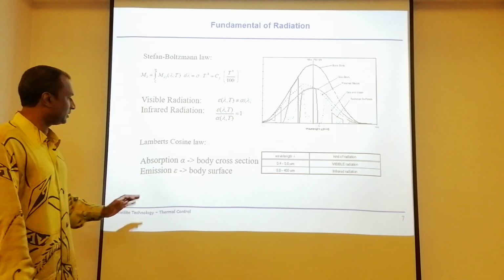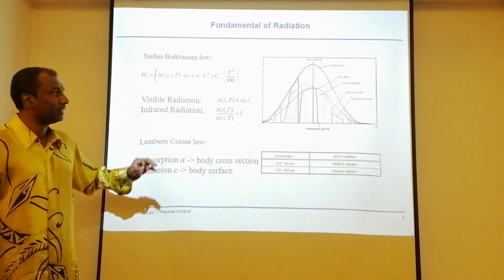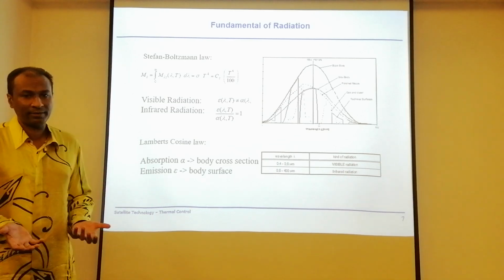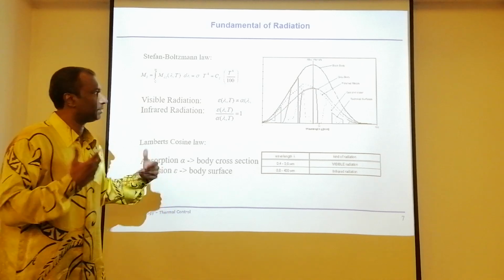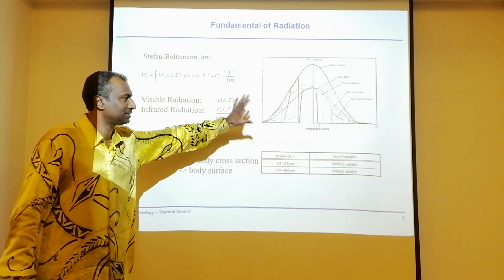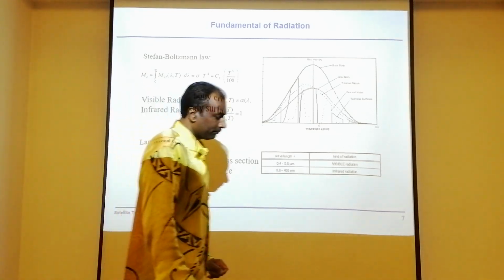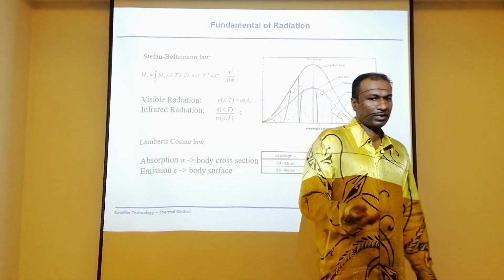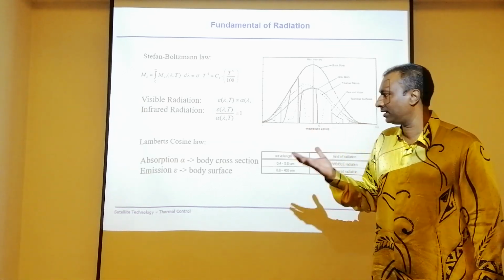So this has to be really understood. You have a different wavelength depending on what body is there. Just now we defined black body, gray body, etc. These are quite well known, and each and every body will come with its absorption rate, that means alpha.